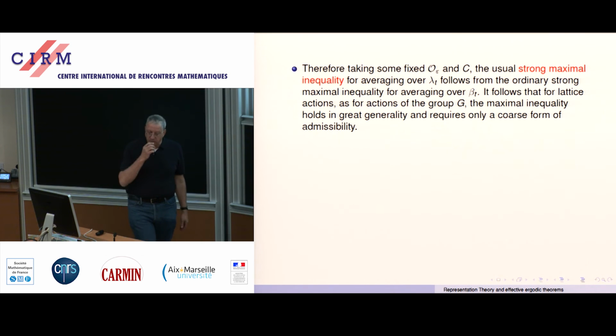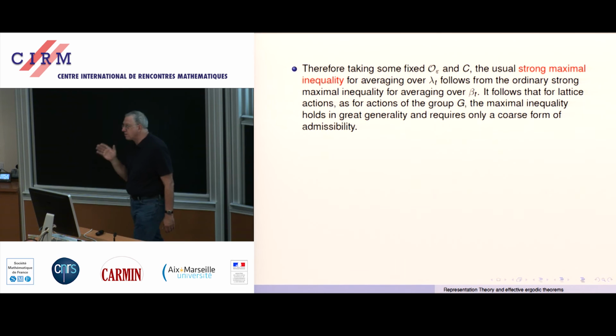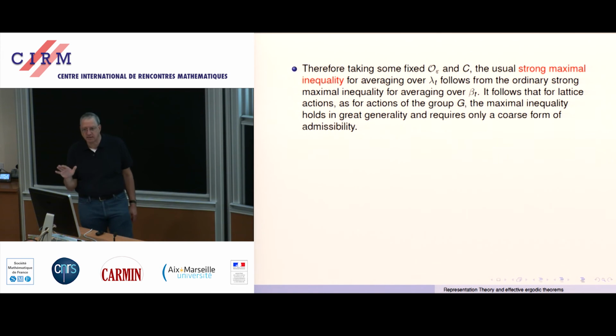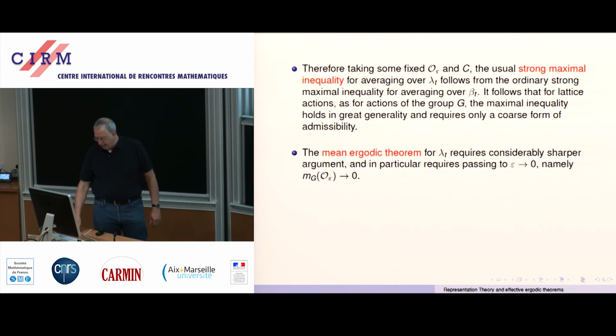Those of you who are familiar with ergodic theorems and pointwise convergence know that a maximal inequality is an absolute must, and you will never be able to make a lot of progress without it. In our case, the maximal inequality actually follows very easily from the maximal inequality for G. The mean ergodic theorem for the discrete averages lambda t requires a considerably sharper argument.